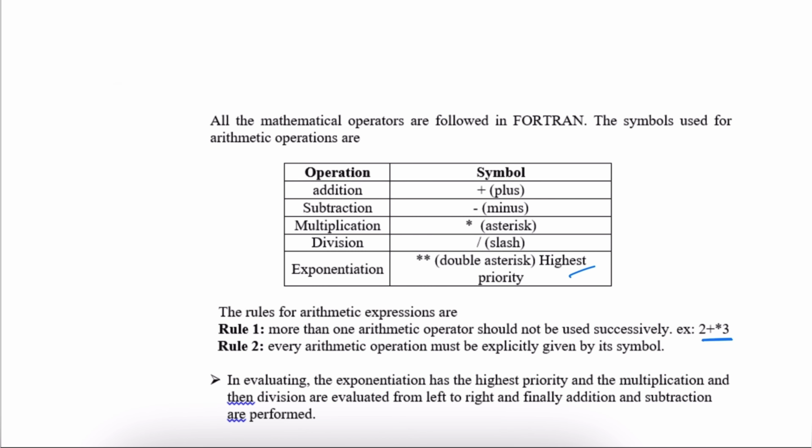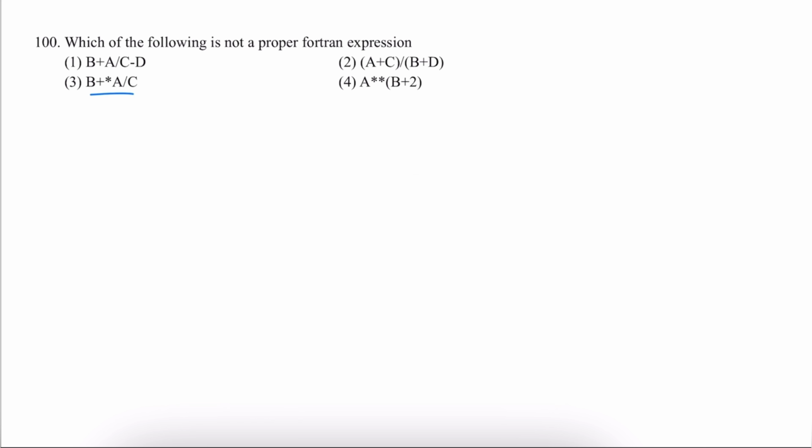Rule 1, more than one arithmetic operator should not be used successively, is violated by option 3. Next option 4, initially the parenthesis is evaluated and then the double asterisk exponential operation is performed. So the correct option is 1.